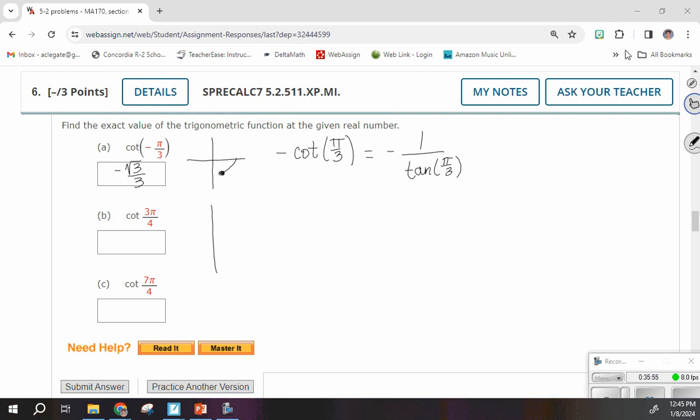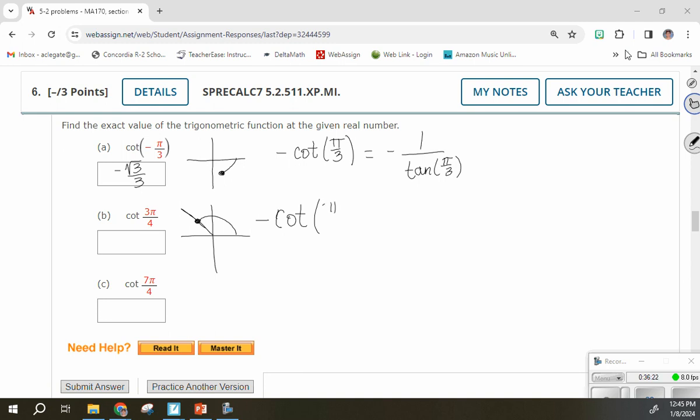3 pi over 4, what quadrant's that in? Second. Okay, 3 pi over 4 is here. All right. Second quadrant is cotangent, or let's back up to tangent. Is tangent positive or negative? Negative. So this is negative cotangent of, what's the reference number?